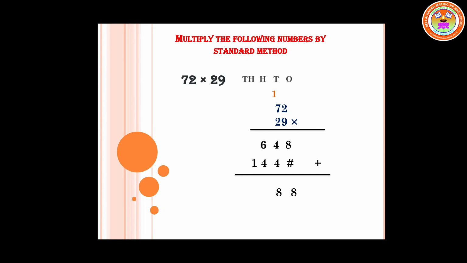Now we have hundreds place. 6 plus 4. What is 6 plus 4? 10. So 0 here and 1 is the carryover. Now add 1 plus 1. What is 1 plus 1? 2. Yes. So what is the final answer? 72 into 29 will give you 2088.